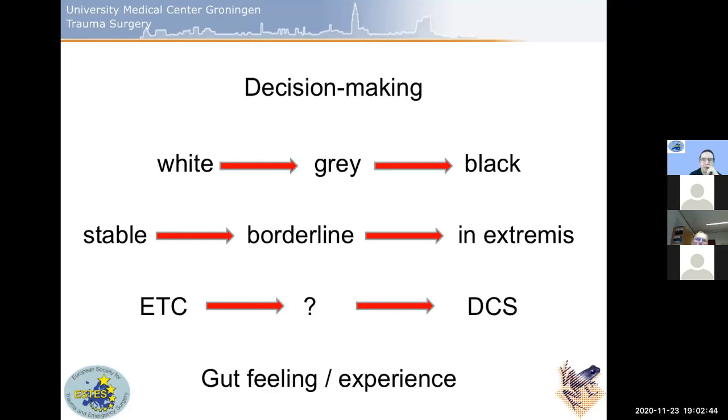And we don't know where the borders are, but I think in the older patient, be aware of doing too much in the beginning. So in my personal experience, I would choose earlier in older patients a damage control strategy, not early total care.